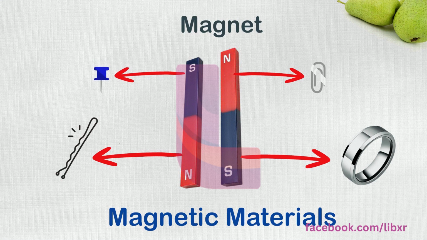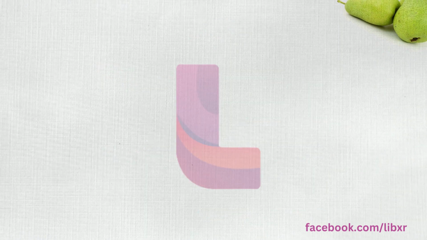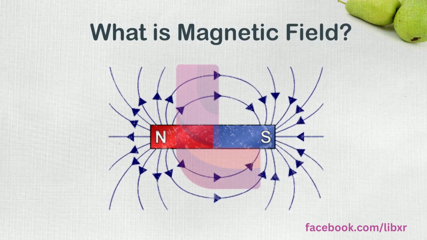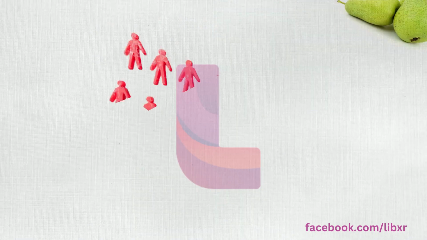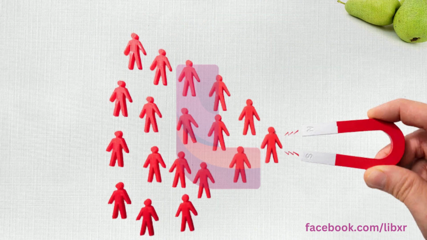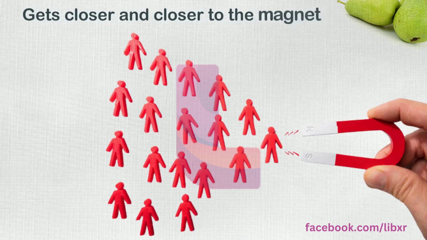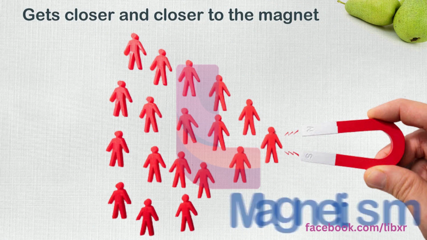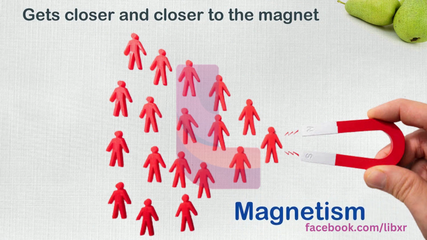Do you know why that is? It is because of the magnetic field. What is a magnetic field? When a magnetic material gets closer and closer to the magnet, the power of the magnet on the object, which we call magnetism, becomes stronger and stronger.